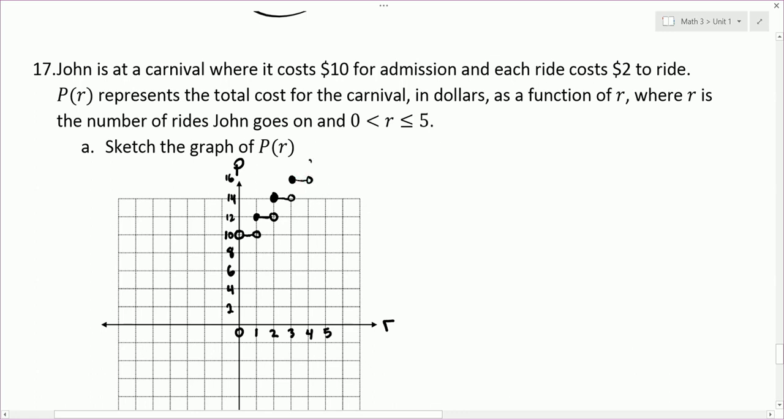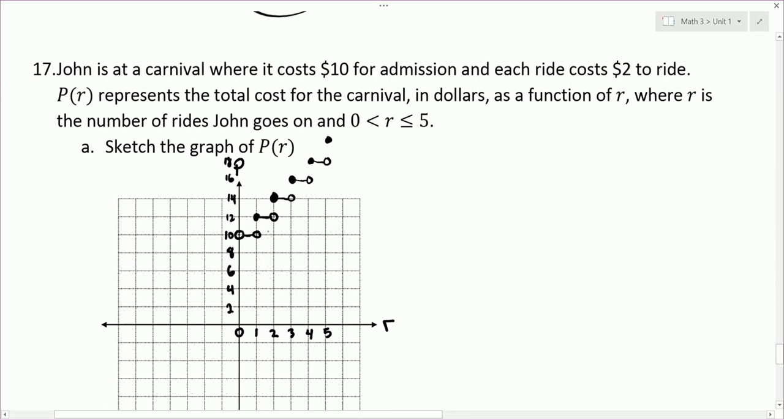Jumps again. Up at 18. It just keeps repeating. And then at 5, it jumps again, right there. Okay. So this is the kind of graph, and we just have a point at 5. We're stopping at 5, but we want it to be equal to 5. And so this is what this looks like.